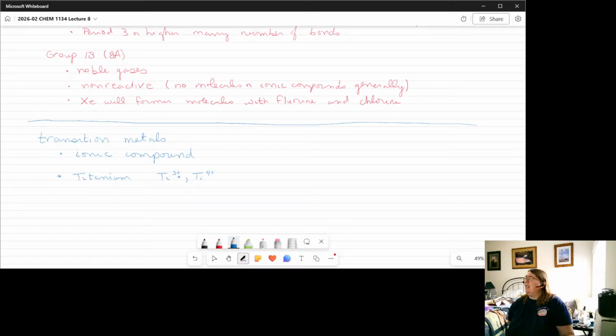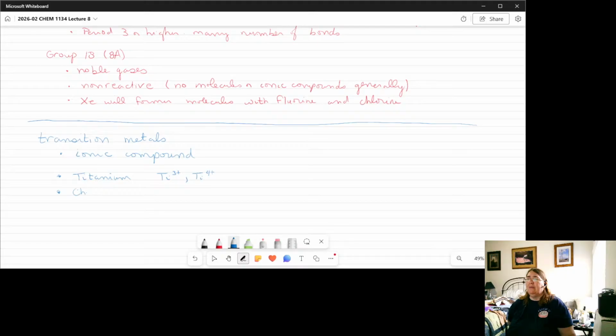Titanium 3, I think, is more common than titanium 4, but I'd have to check that. Vanadium, I've never even held a compound of vanadium in 20 years of teaching or working in labs, so that one we don't usually have you memorize, because why?